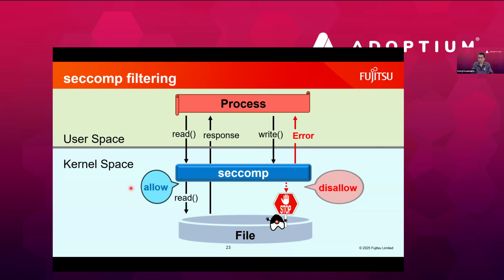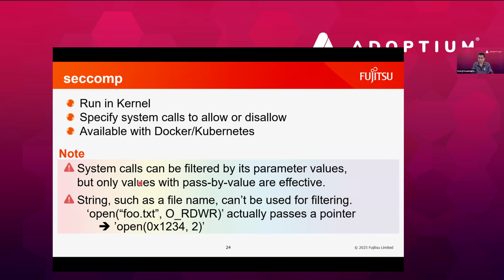This is a very simple flow, but one important thing that you need to keep in mind is that you can filter system calls based on their parameter values. But this really works only for arguments passed by value.